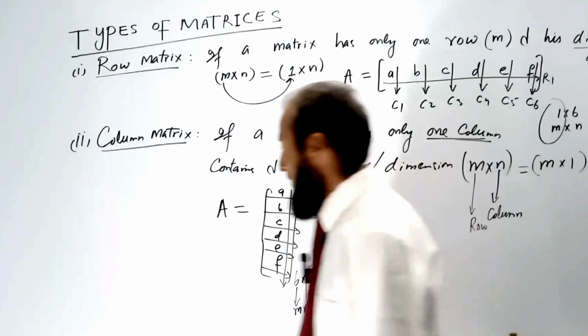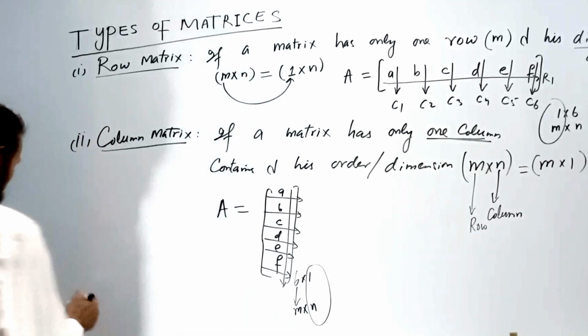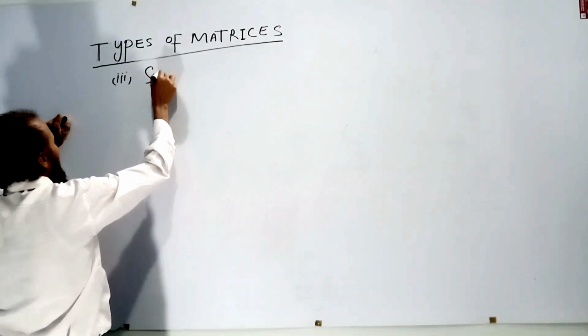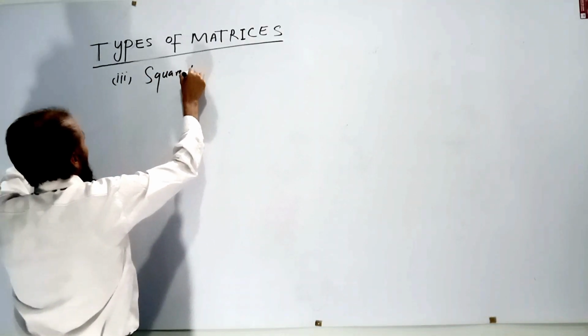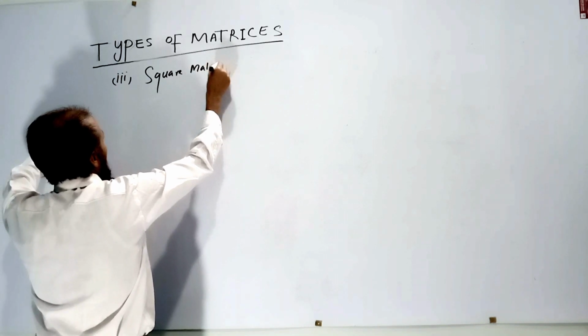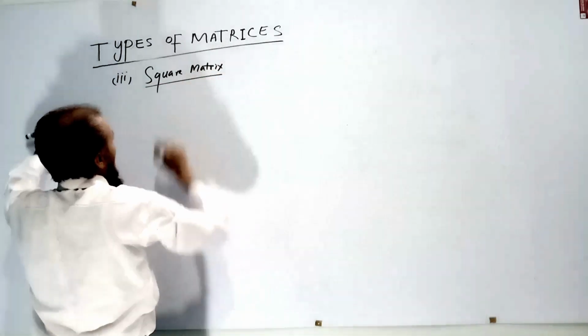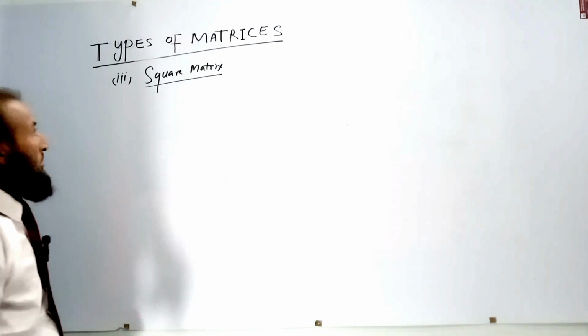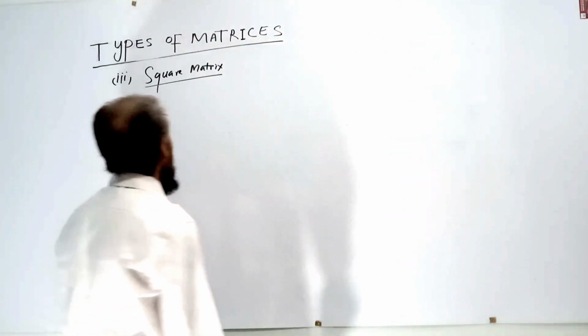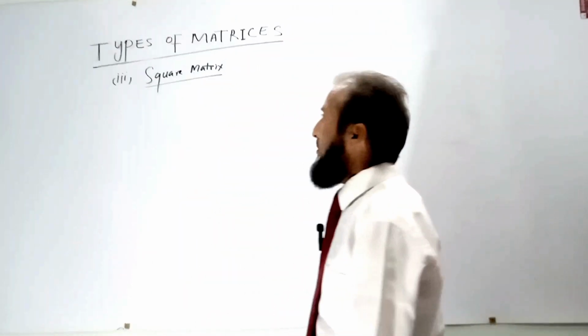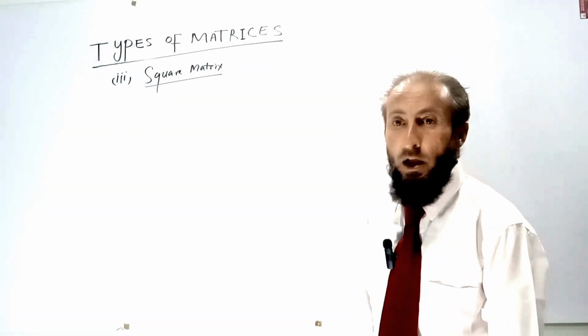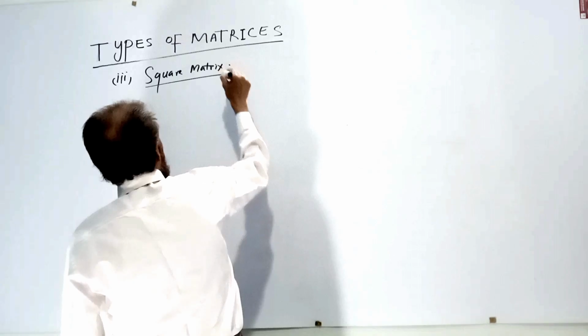Now proceeding to the square matrix. Square matrix: in those types of matrices, the number of rows is equal to the number of columns.